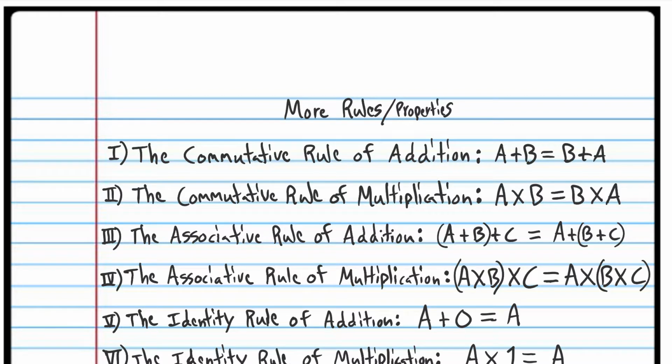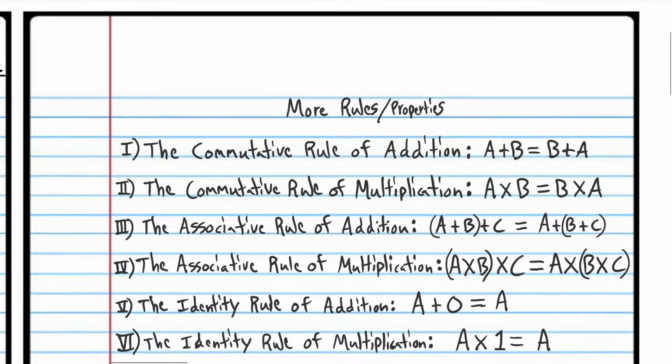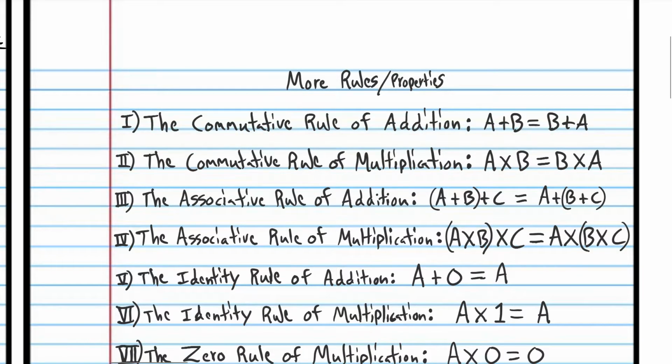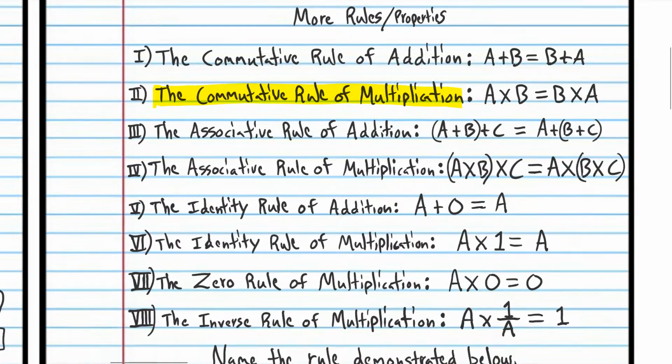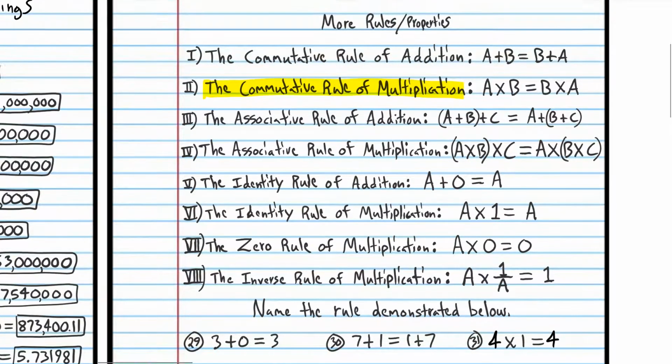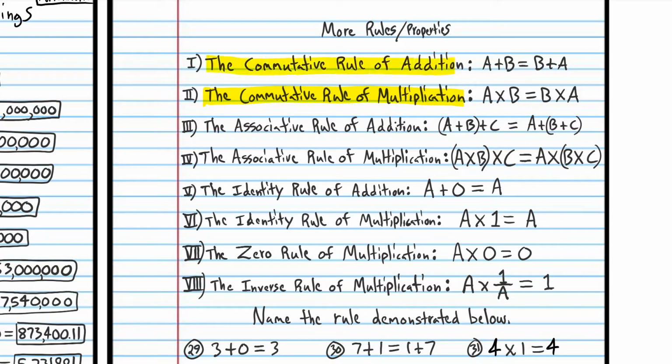Now we're going on to more rules and properties, or rules/properties. So when we learned multiplication in this class, we learned the commutative rule of multiplication, and we also briefly mentioned the commutative rule of addition.